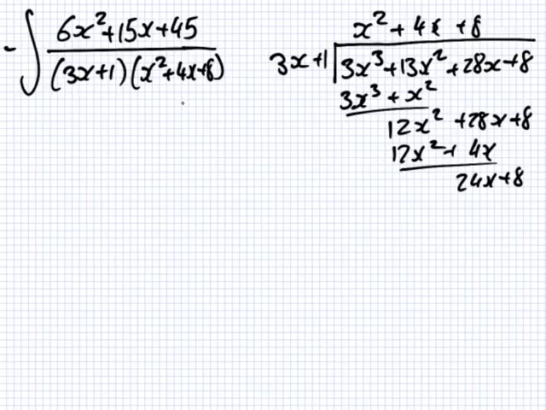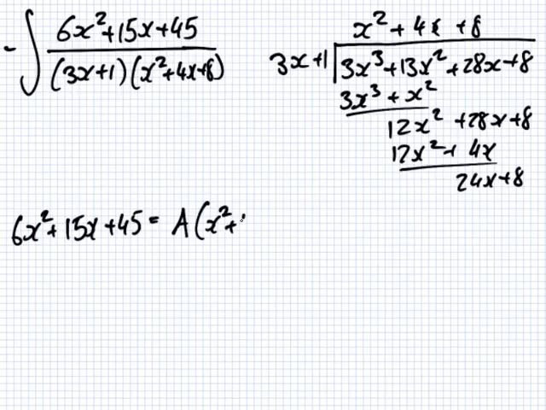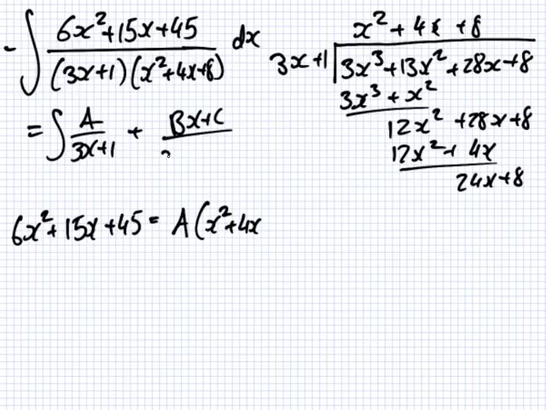So we have to do it the other way by saying 6x squared plus 15x plus 45 equals... Sorry, let me just write down what I'm saying this will equal. This will be A over 3x plus 1 plus Bx plus C over x squared plus 4x plus 8.